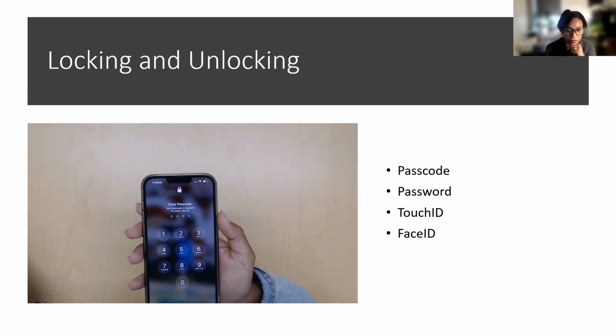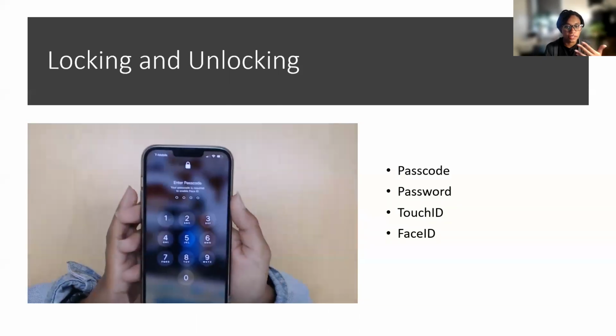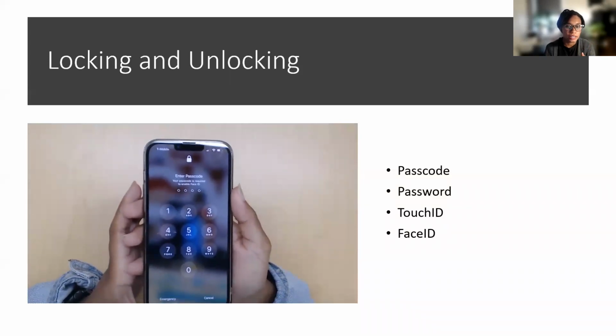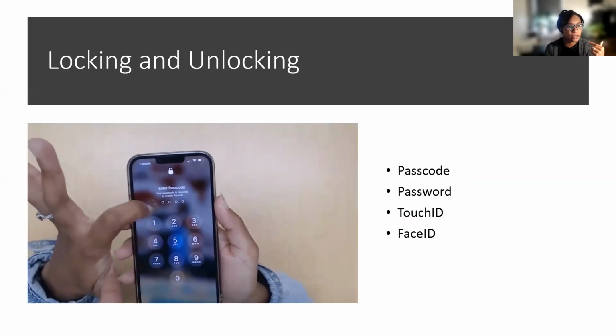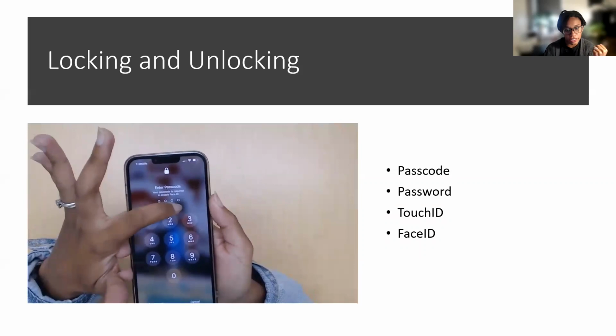And there are a few options to choose from there. They are passcode, password, Touch ID, and Face ID. So passcode is a multi-digit code that you have to set to unlock your phone. And you can tell how many digits are in your passcode by the number of dots that appear here on the screen. So mine is 4 digits.